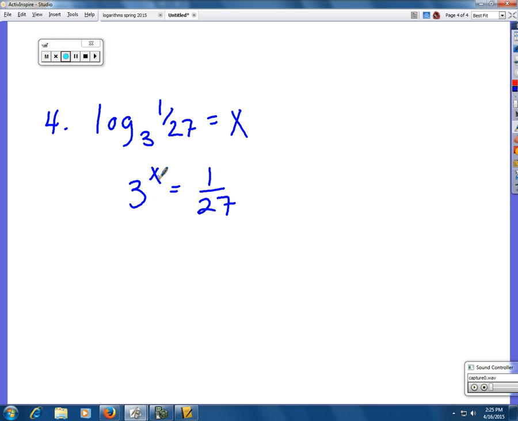So I know that 3 to some power equals 27, but it's going to be the negative of that power. So 3 to what power equals 27? Well, 3 to the third power. So you just make it negative. And again, since the bases are equal, the exponents must be equal. So number 4, the answer is negative 3.